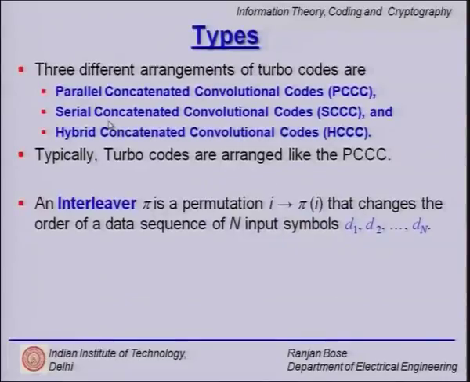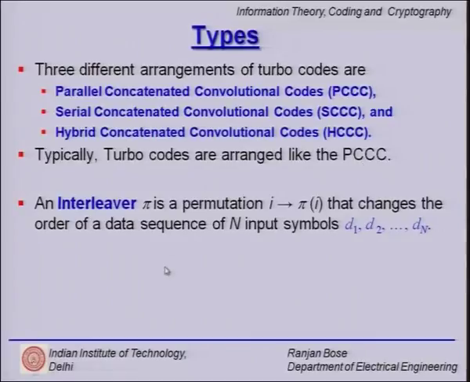So, you can have a serial concatenated convolutional code, SCCC, as opposed to PCCC, and you can always have a hybrid, a combination of serial and parallel, giving us the name hybrid concatenated convolutional encoder or HCCC. But in most of the cases we will be working with PCCC.